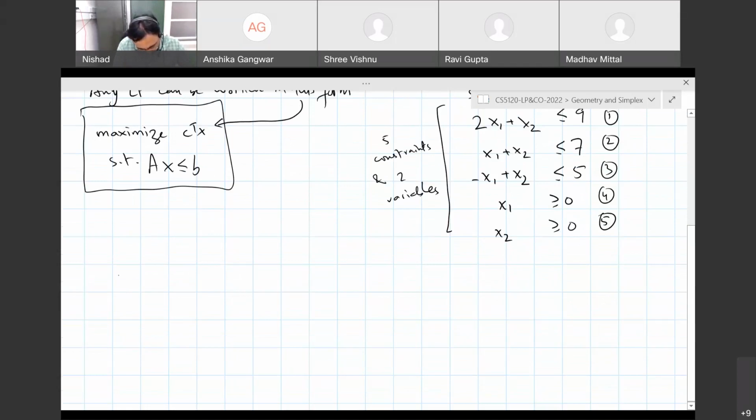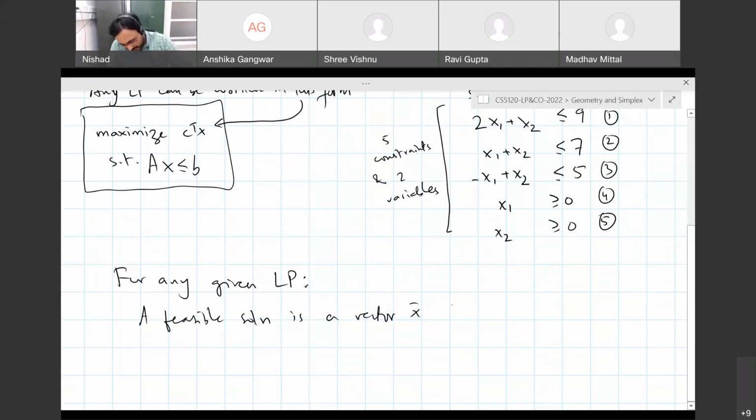So for any given LP, a feasible solution is a vector x bar that satisfies all of the constraints.